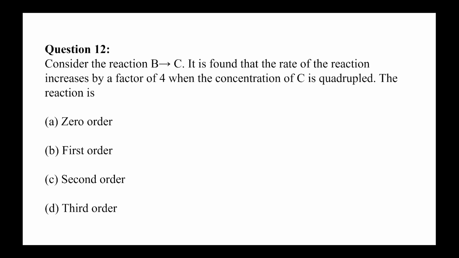So you have the reaction B goes to C. If the concentration of C is quadrupled, that is increased by 4 times, the reaction rate is also increasing by 4. So what is the order of the reaction?